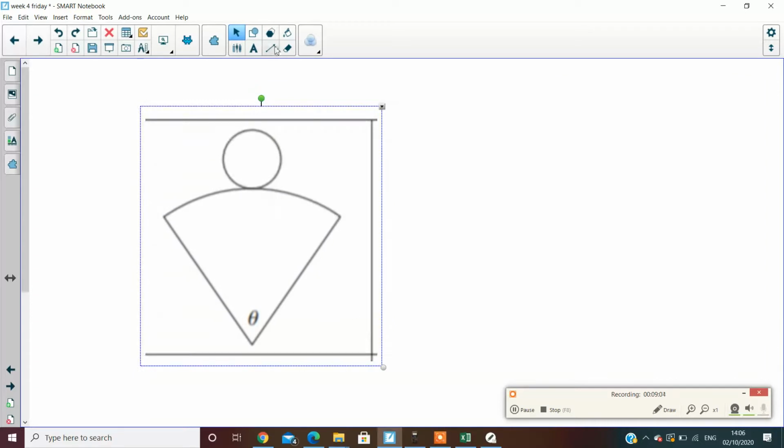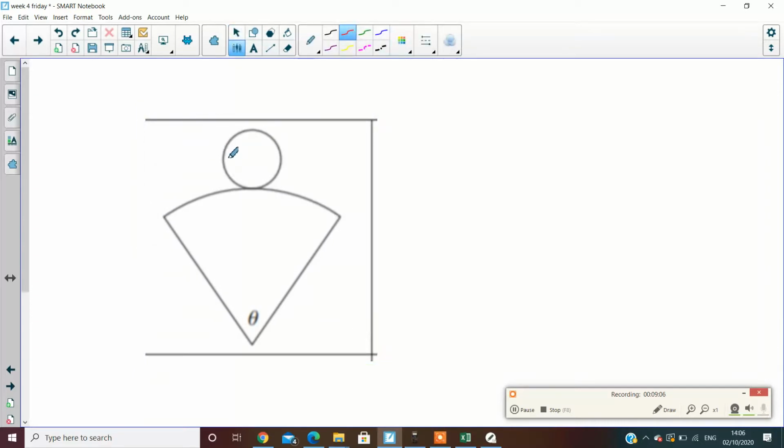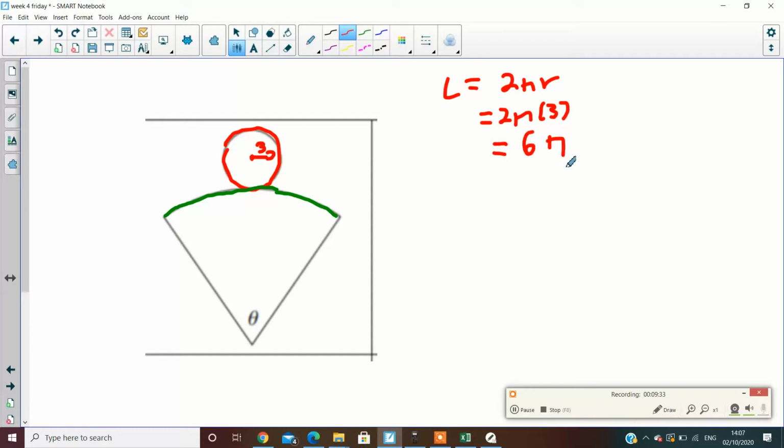We know that the length of the red part is the same as the length of the green part. Everybody cool with that? What's the radius of the red part? 3. Therefore, the length of the red part is 2πr, which is 2π times 3, which is, everybody, 6π. So the length of the green part is also 6π.